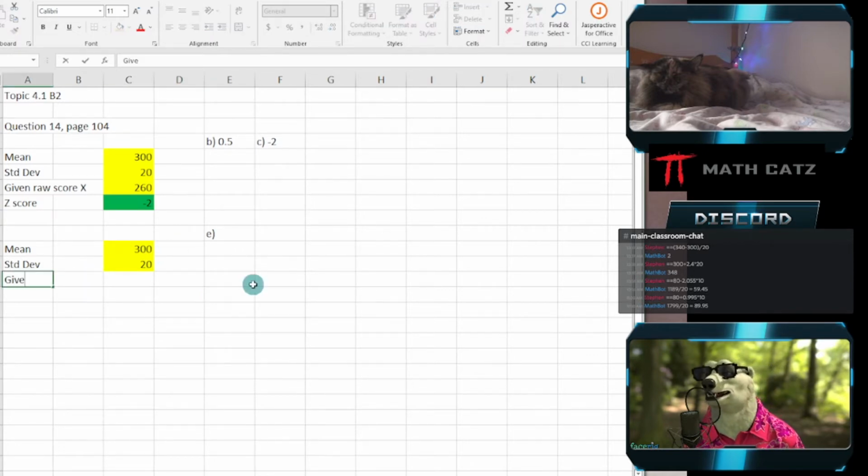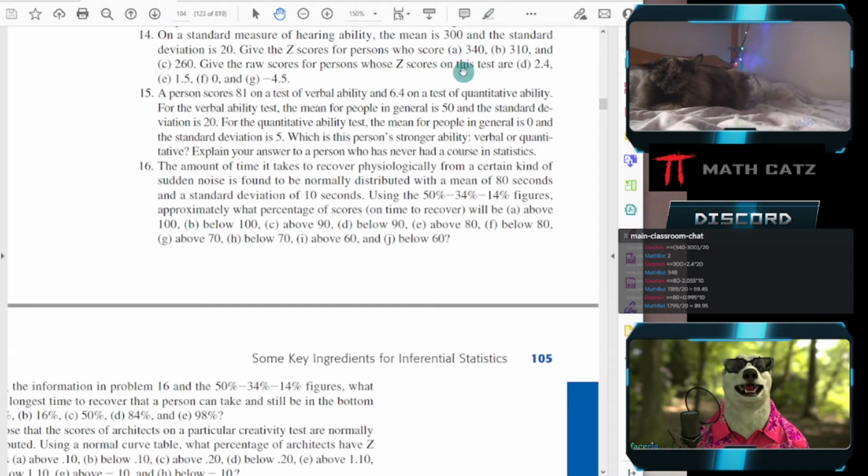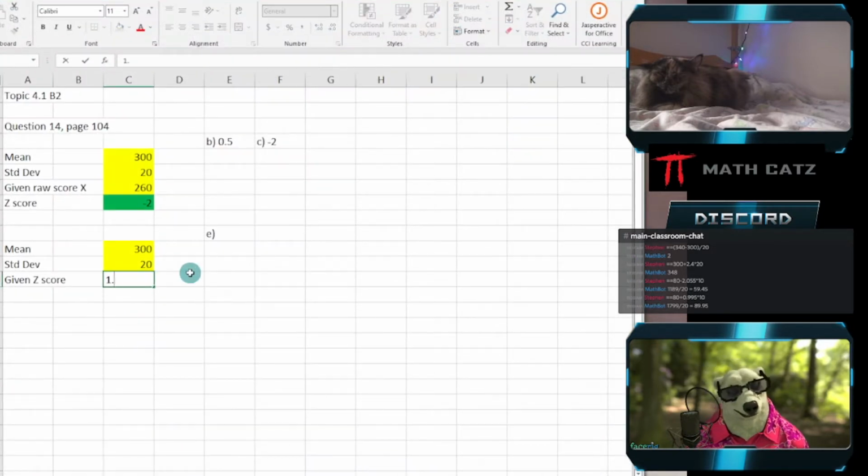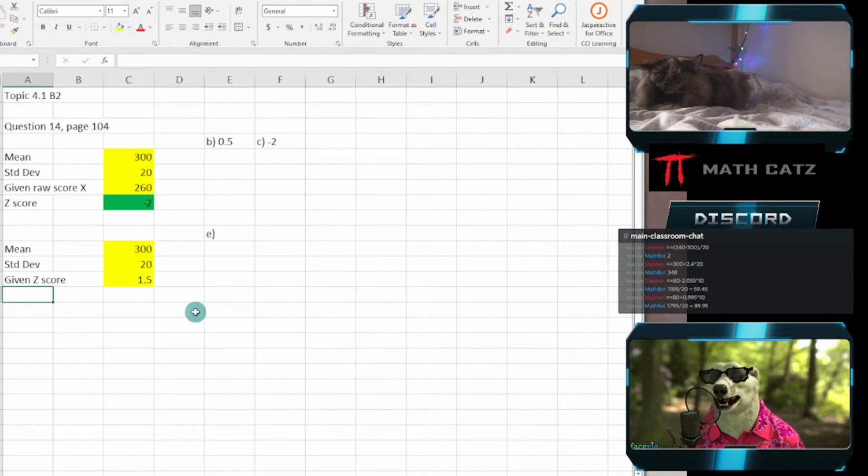Now I'm given the z-score. In the first one, they are wanting me to use 1.5 for E. 1.5, that's another input cell. And I'm going to calculate the corresponding raw score. Let's call it X.